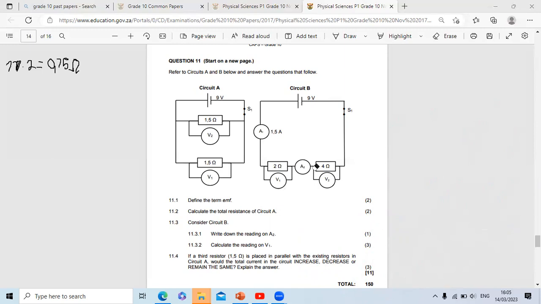But anyway, let's say 11.3, consider circuit B. They want you to write down the reading on A2. Can you try to get the reading on A2, and if you can, try to explain why you're saying that's the reading?